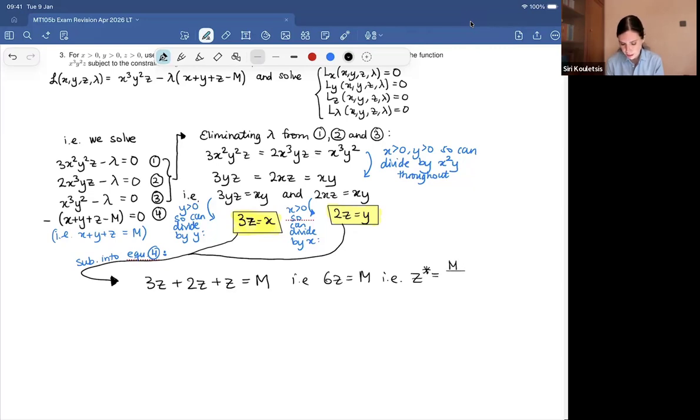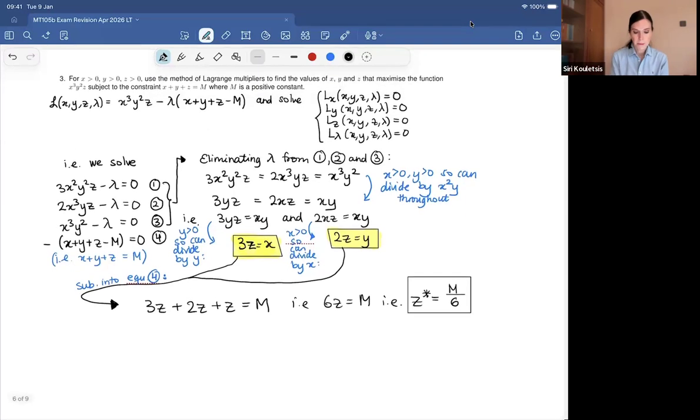So the value of z that maximizes the given expression subject to the constraint is m/6, where m is a positive constant as given in the question. So notice here, of course, these values at the critical points where we have optimized the function subject to the constraint, they are functions of m because we haven't specified what m is. But remember to think of m as given here. So we're just solving it for any positive constant m.